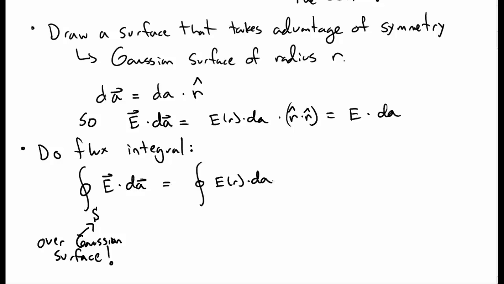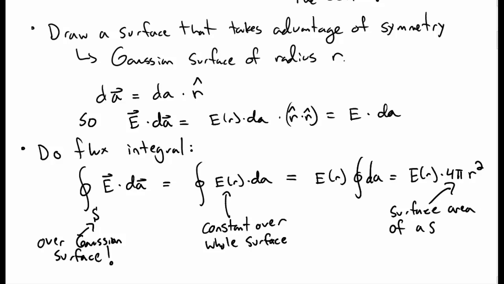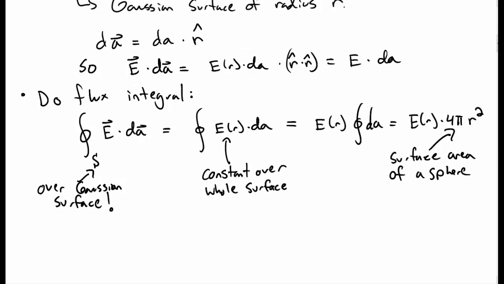And so this is some closed integral over E times dA, but E only depends on r, so it's constant over the whole surface. So we can pull that out of our integral, and then we just have a closed integral over the surface dA. But that must just be equal to E times the surface area of the sphere. So note that we took this complicated looking expression, and really all we needed to know was the surface area of the sphere in order to do this integral.